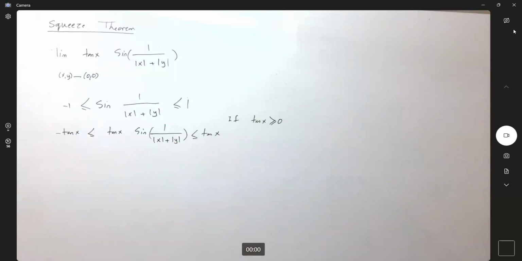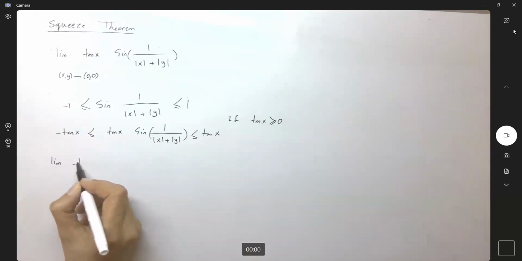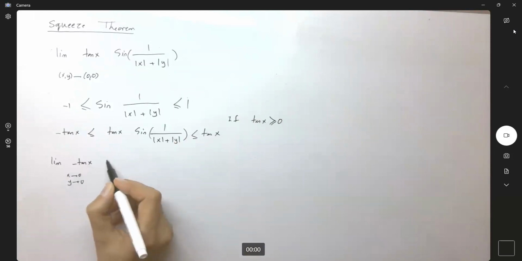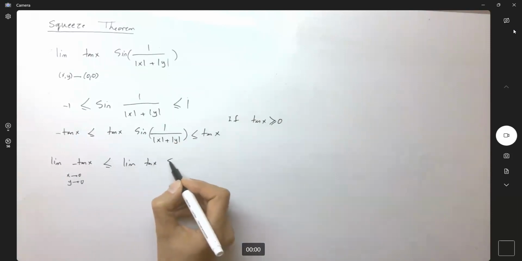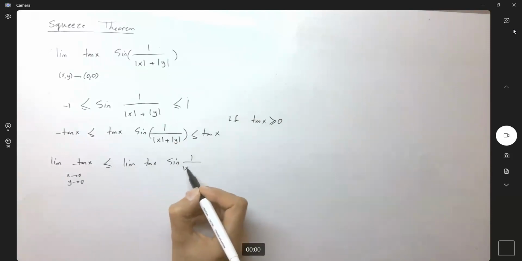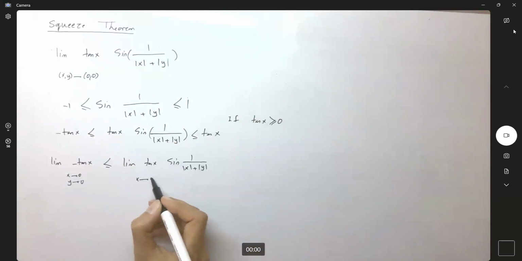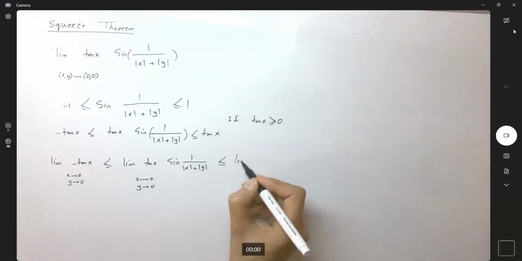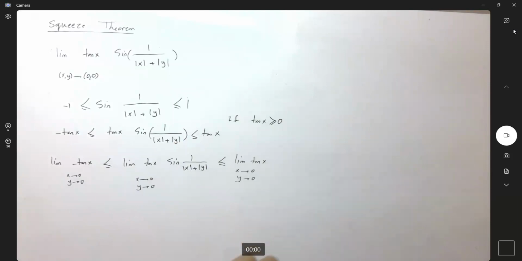And then if you start to take the limit, tangent is equal to 0, right? So the limit of negative tangent of x as x and y both go to 0 is less than or equal to the limit of tangent of x sine of 1 over absolute value of x plus absolute value of y, as x goes to 0, y goes to 0, which is less than or equal to the limit of tangent of x as x goes to 0, y goes to 0.